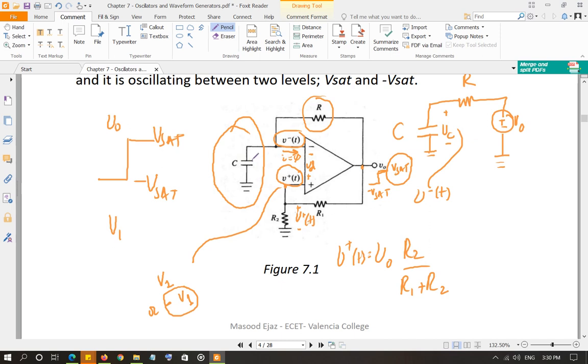So the capacitor voltage, which was at V1, will start discharging now, and we're going to study the math pretty soon. When it starts discharging, it will still be higher than V positive T, because V positive T is now at negative V1.